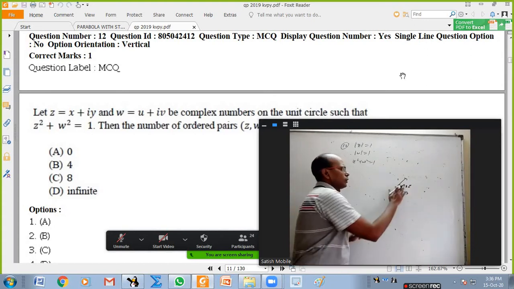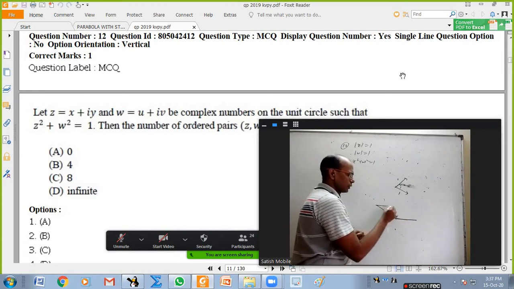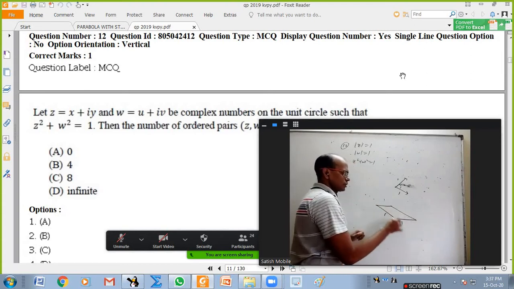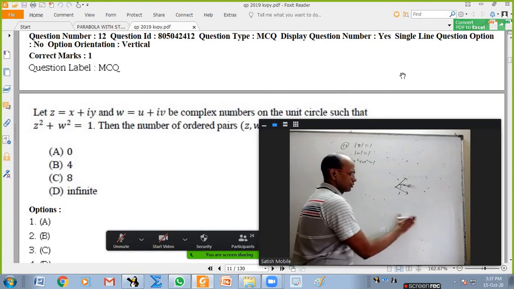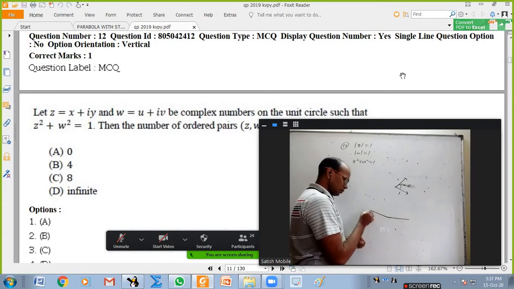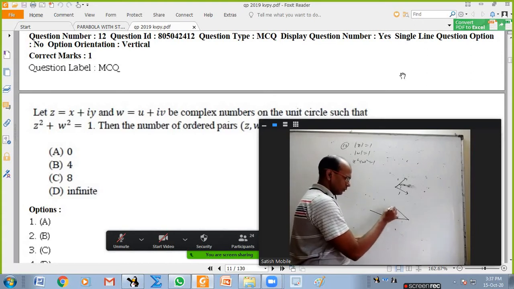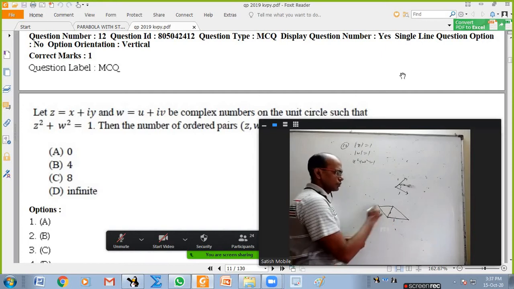You can use the parallelogram law if you want. If you take the parallelogram, this is 1 unit, this is 1 unit, and of course I don't want it to be vertical. Let me draw this. This is 1, this is 1, this is 1. This is a parallelogram. If this is 1, this is also 1.